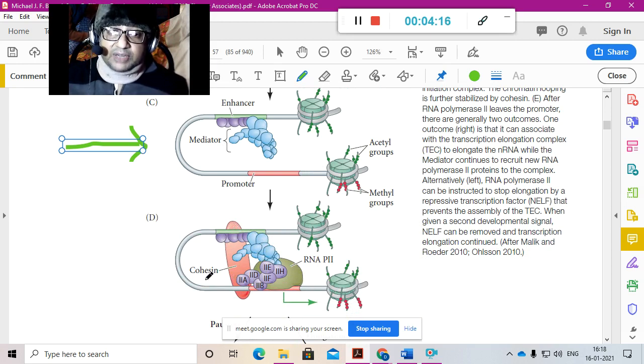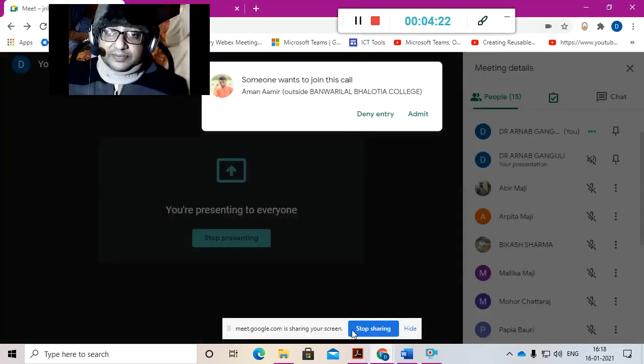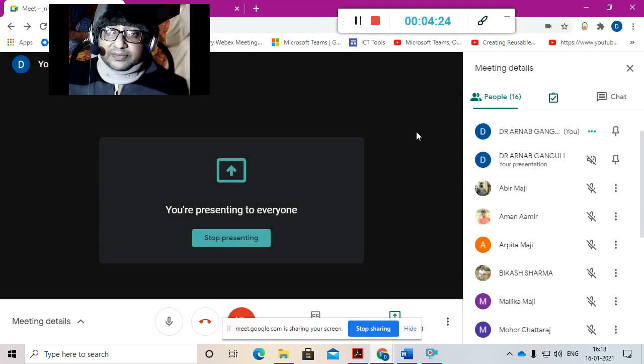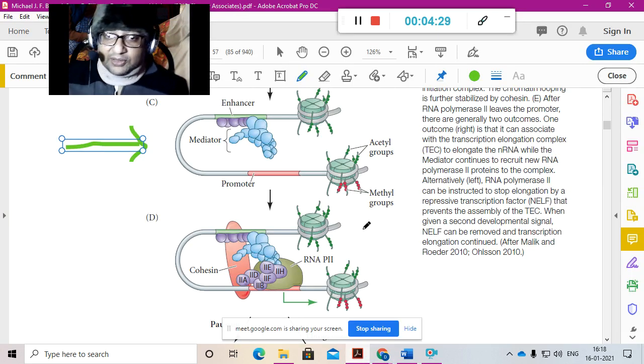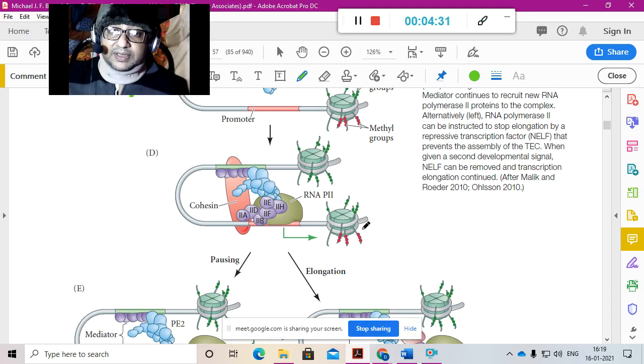A molecule known as cohesin binds this complex. As you have read, all these transcription initiation factors bind over here.